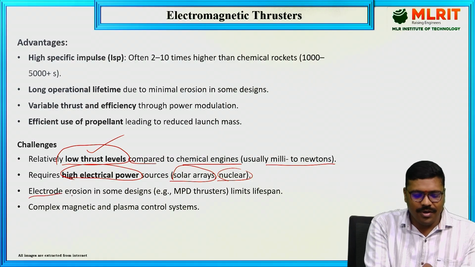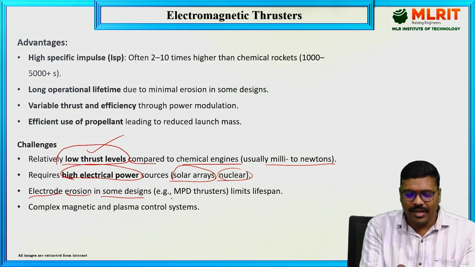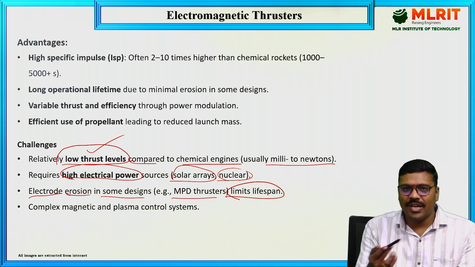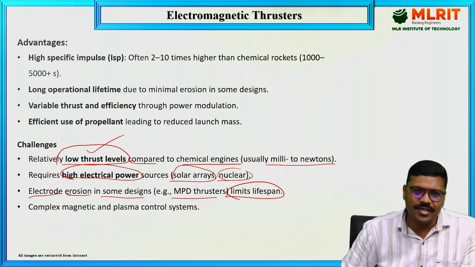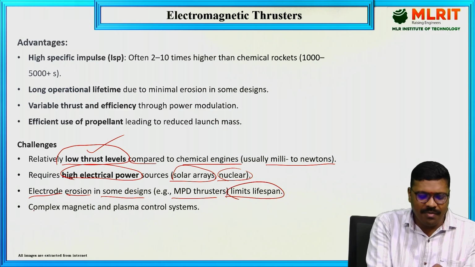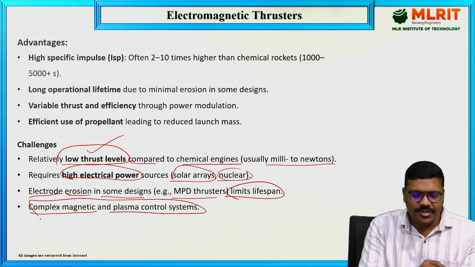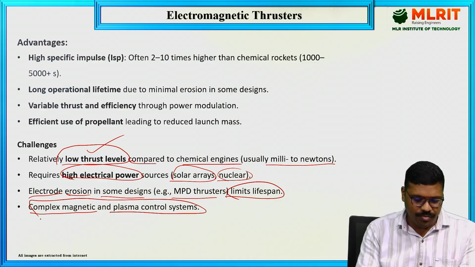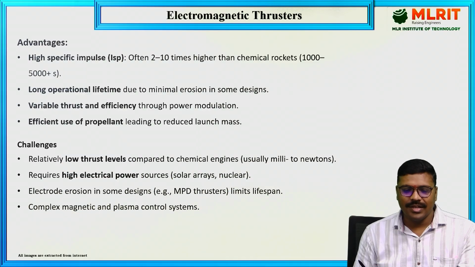Next, electrode erosion happens in some designs like MPD thrusters, which limits the lifespan. Next, complex magnetic and plasma control systems. These are the challenges to be faced in electrical thrusters.